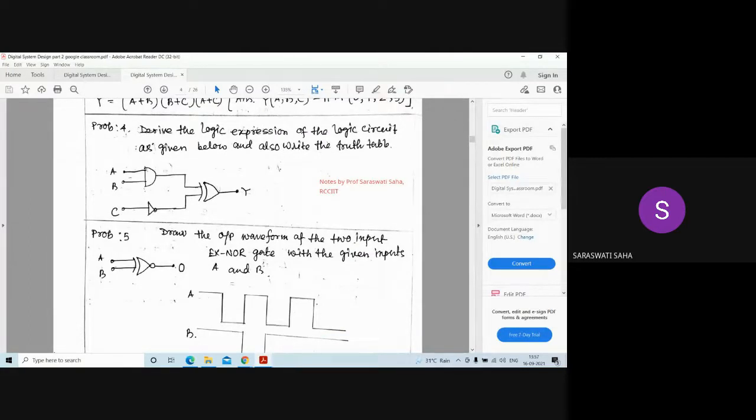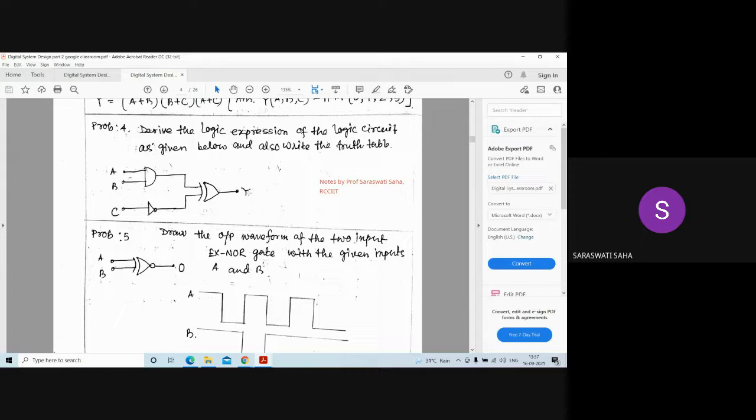Problem 4. Derive the logic expression of the logic circuit as given below and also write the truth table. If any kind of logic circuit is given, which is designed by using AND gate, NOT gate, XOR gate, OR gate, you can write the output expression.